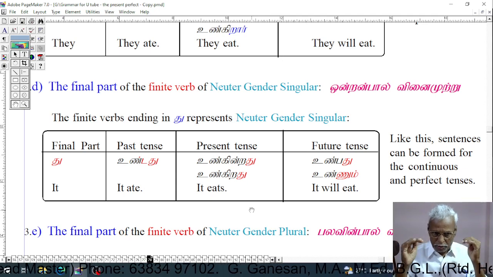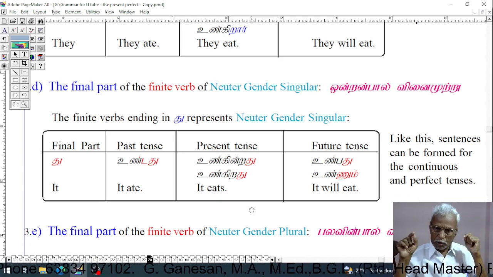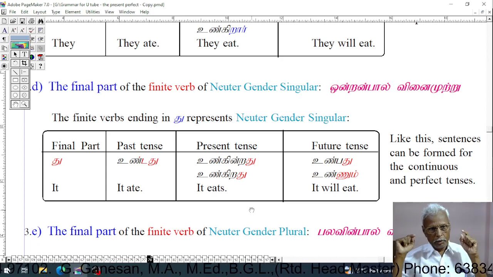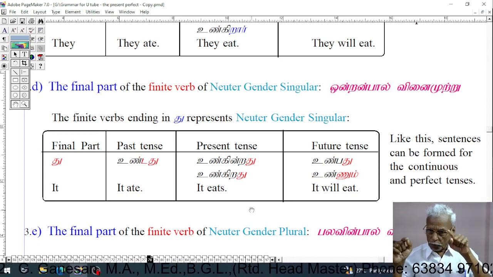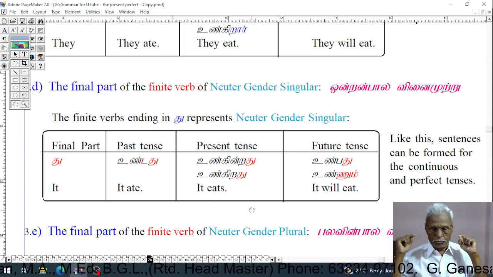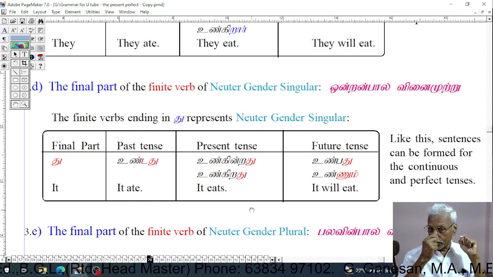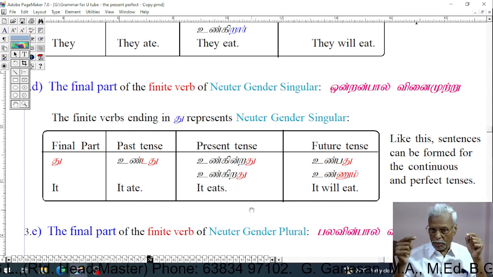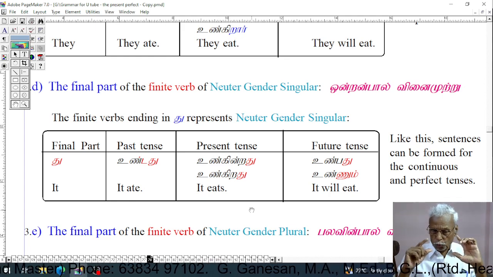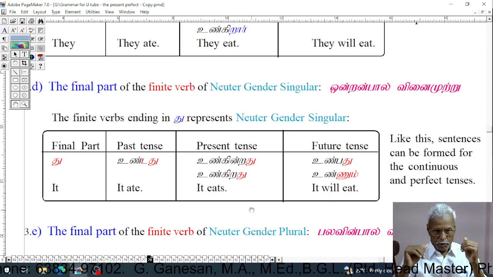But in normal usage, the final part is used both for singular and plural. See, um is used for future tense both for singular and plural. But in the other six tenses, past and present and its continuous and perfect tenses, tu for singular and na for plural are used.